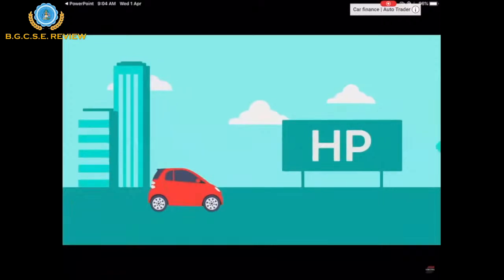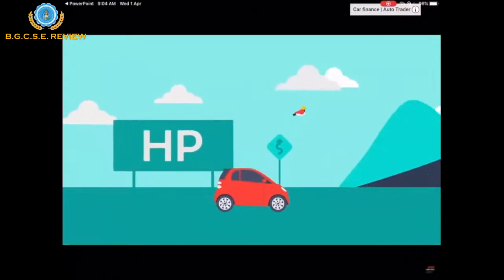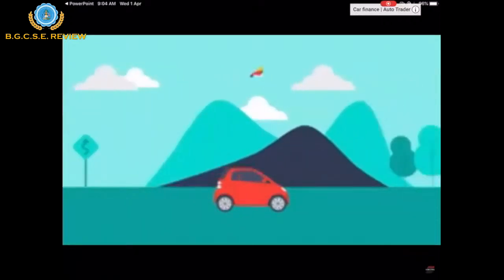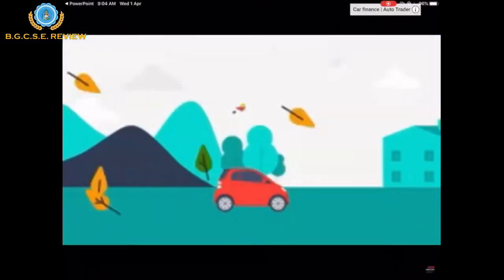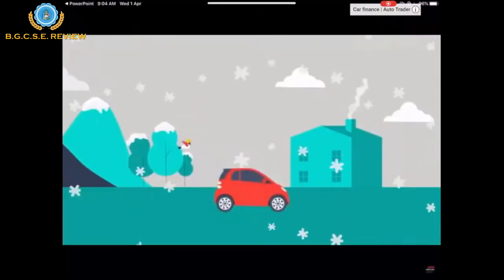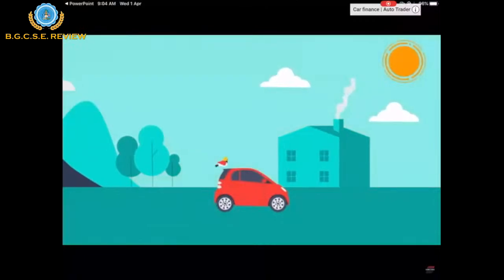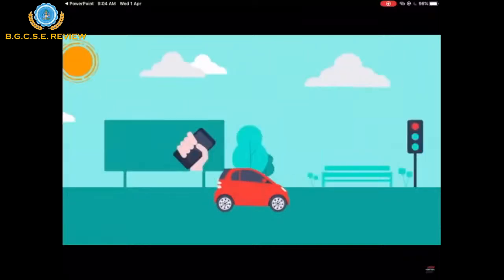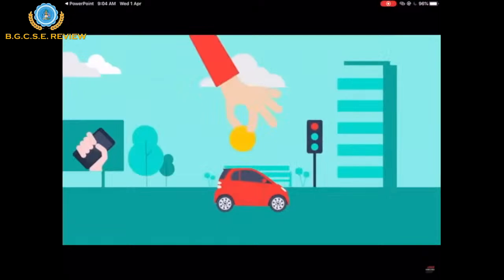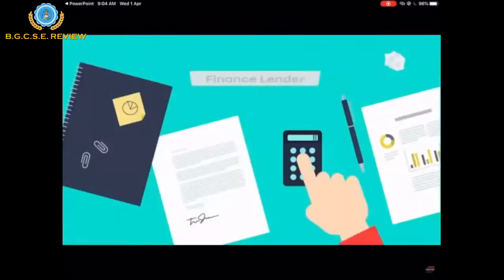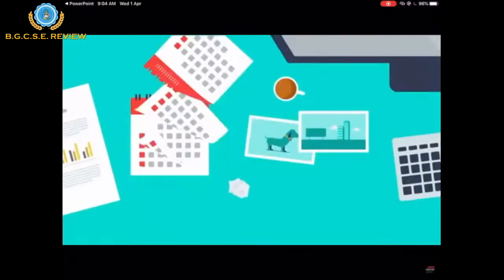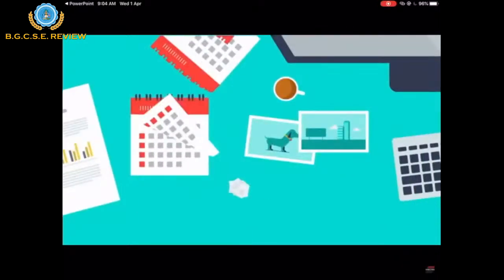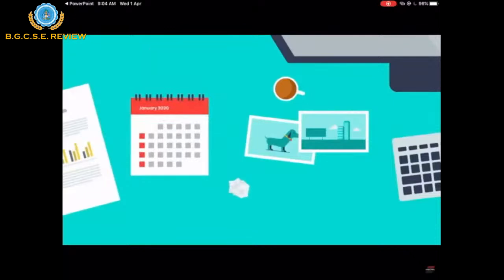Hire purchase, or HP, is one of a number of finance products available to car buyers, which allows you to spread the cost of the car over a period of time. It's ideal for buyers who want to own the car outright at the end of their finance contract. Just like a mobile phone contract, you'll typically pay an initial deposit towards the car, and the finance lender will loan you the remaining amount with added interest charges, which you'll then pay back in monthly instalments over an agreed period, normally between 3 to 5 years.